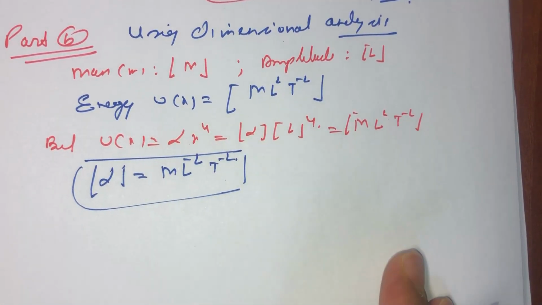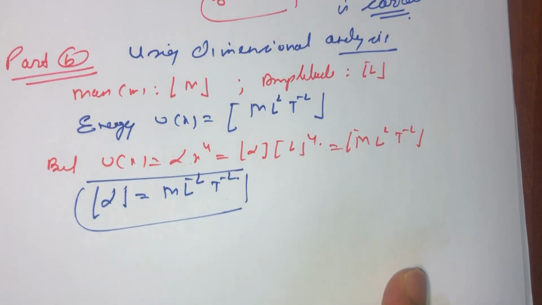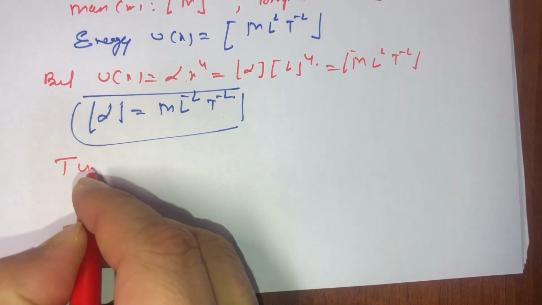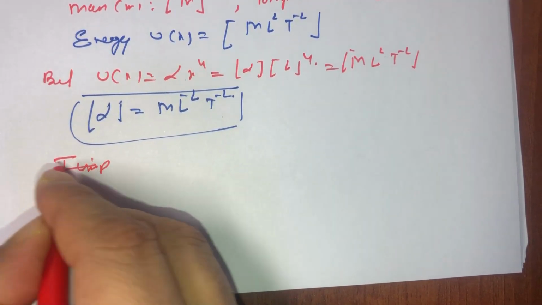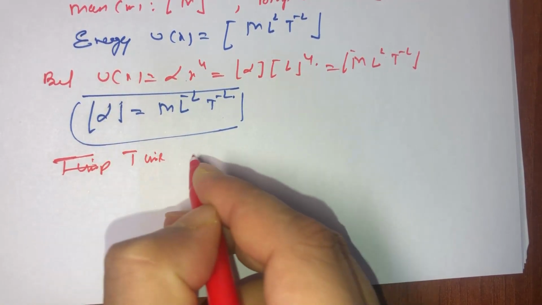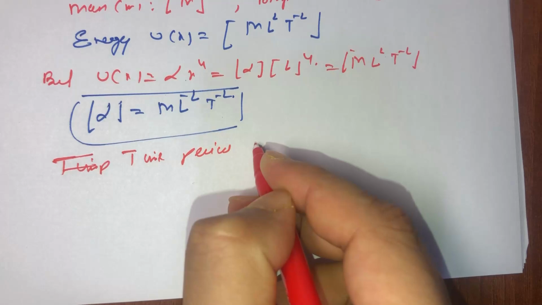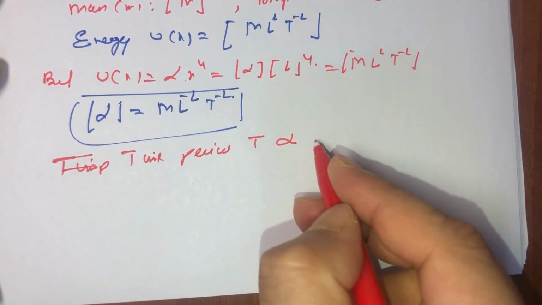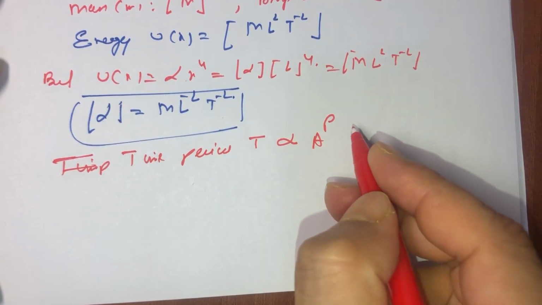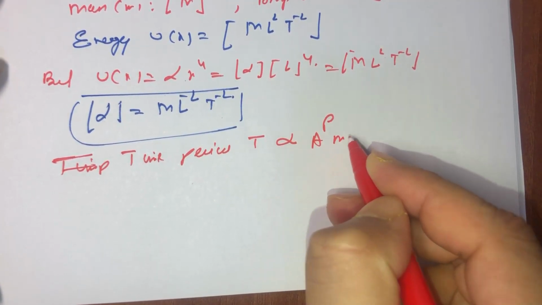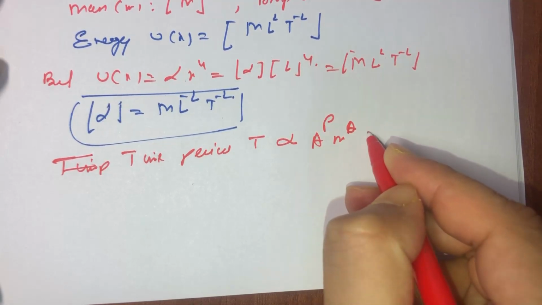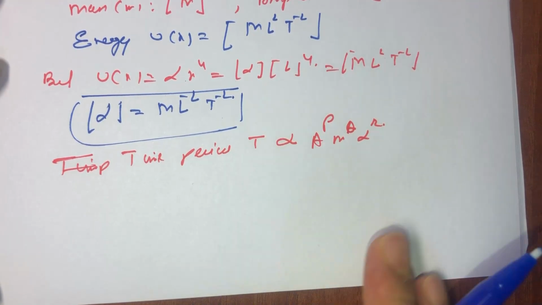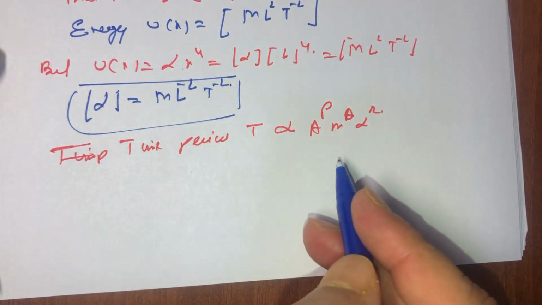Now we have to find out about the time period. So we say the time period T is directly proportional to A raised to power P, M raised to power Q, and alpha raised to power R. So we simply substitute their dimensional values.